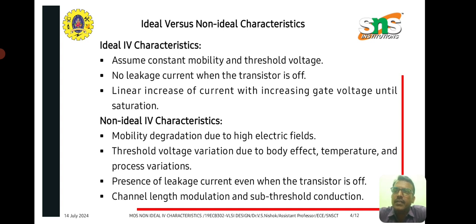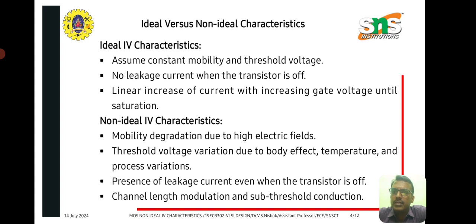Now coming to non-ideal IV characteristics, we see the transistor working in the practical condition. In a simple manner, due to temperature variations or any manufacturing process variation or any connection variation, the characteristics of the MOS transistor may vary.